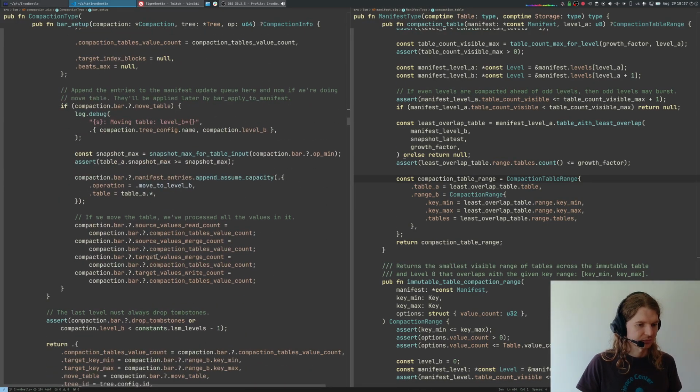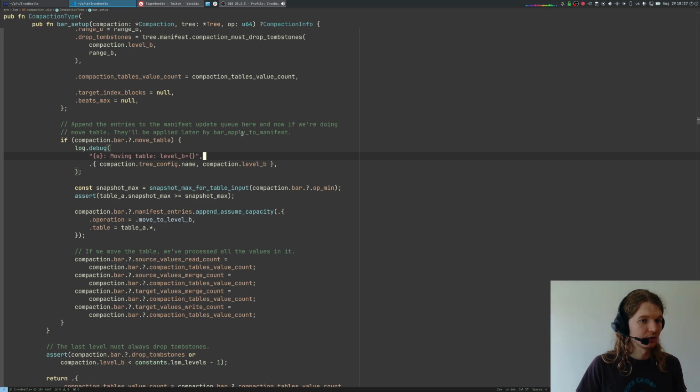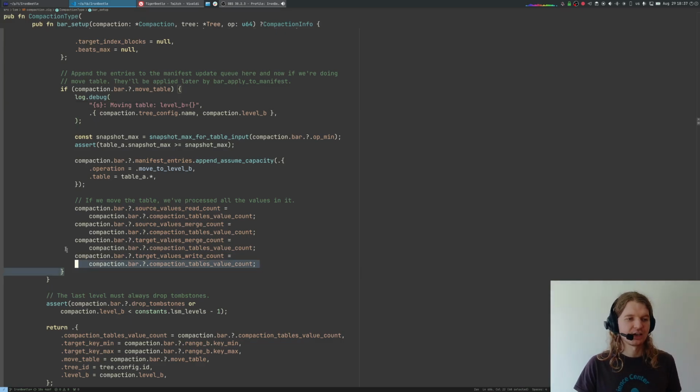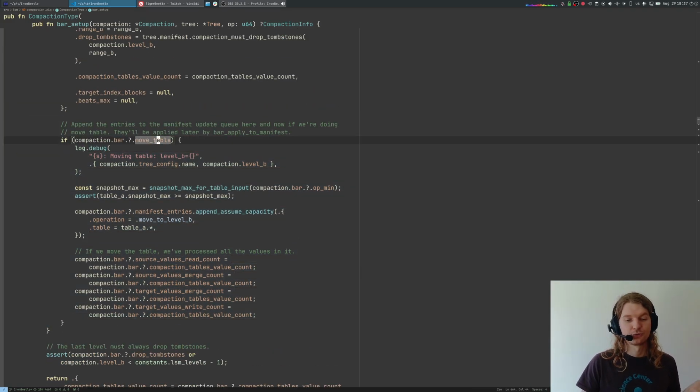Okay. And what do we do here? Okay, and basically, if we want to move table, then we just go and do this right away, because we don't do any I/O.